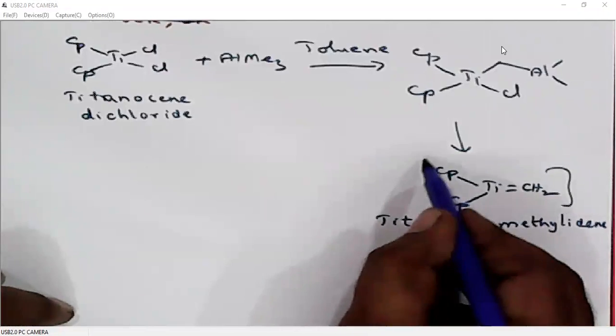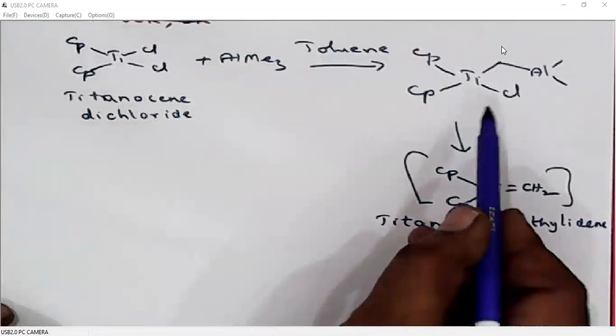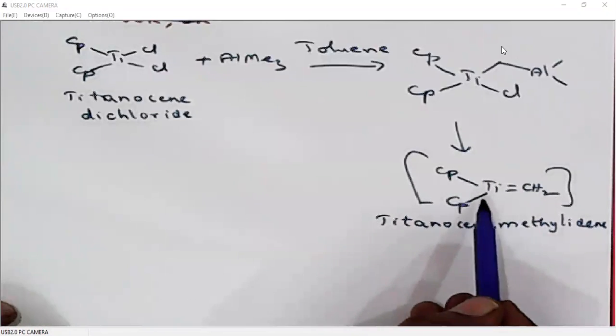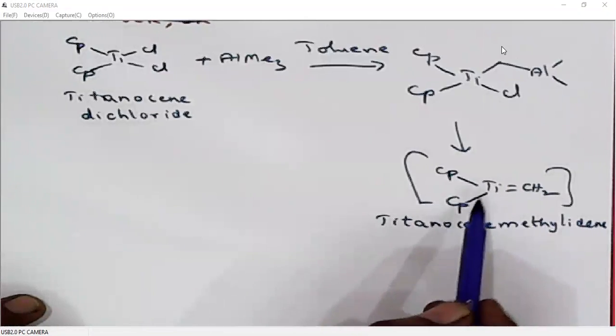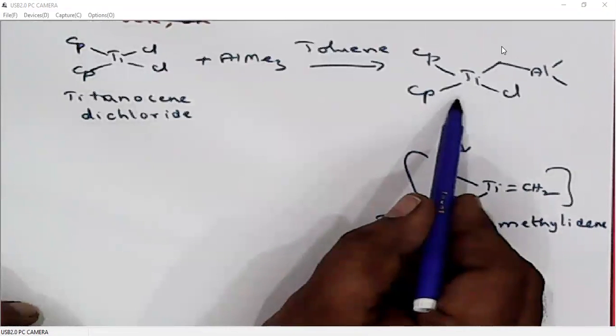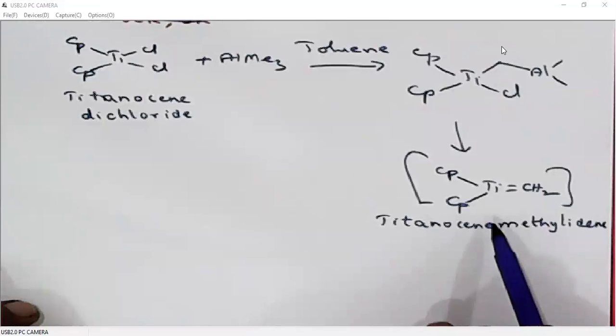This is the active catalyst. This is not stable. This will immediately undergo reaction with carbonyl. So we will take this as a catalyst. In the reaction, it will be converted to this.